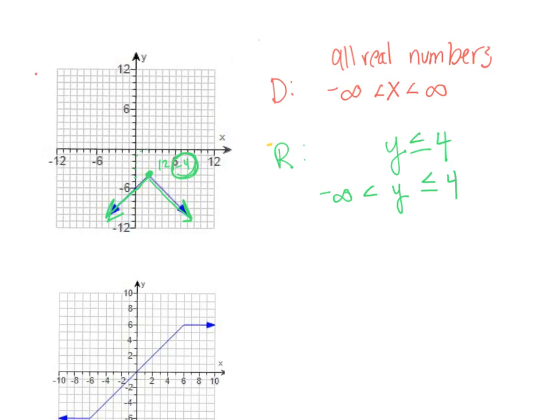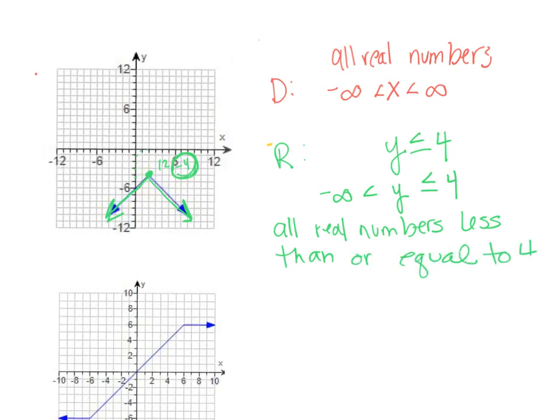We could even be asked to write it out and say that the range contains all real numbers less than or equal to 4. So you see that there are multiple ways to state the domain and the range.